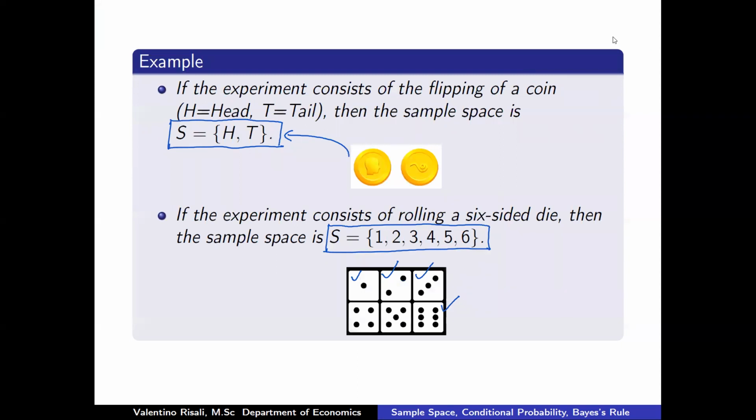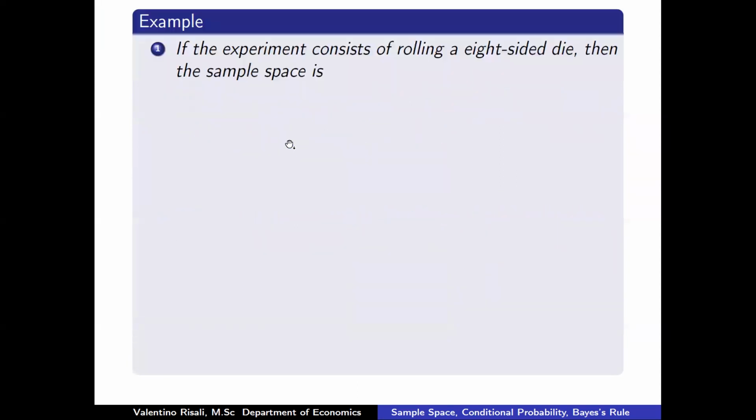Okay. Then we move to the next example. In this example, we deal with a die which has 8 sides. What is the sample space of this experiment?